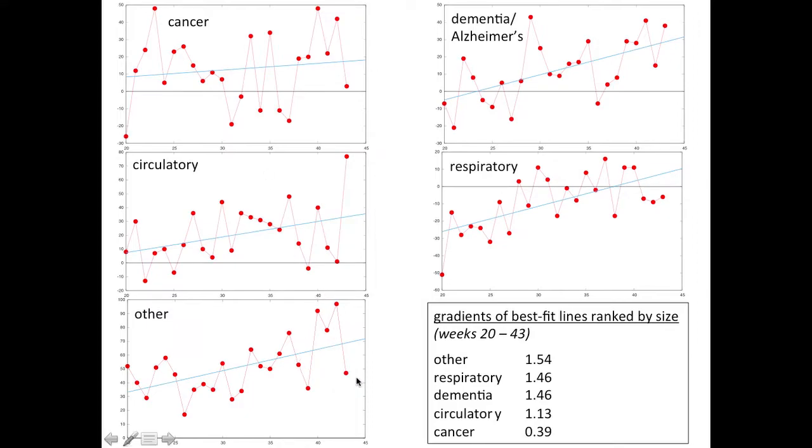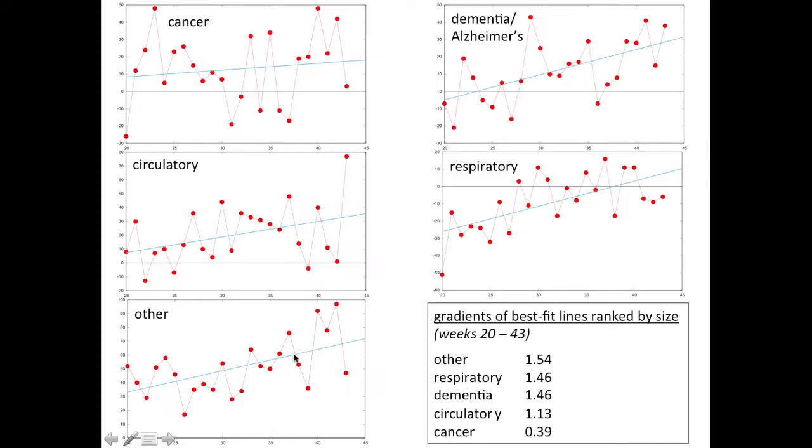On the other hand, if you look at the category other, this is concerning for two reasons. First of all, it has the largest gradient, so it is increasing each week. I think more importantly is that it's well above zero. So for all of the 23 weeks, this other category is quite strongly positive.